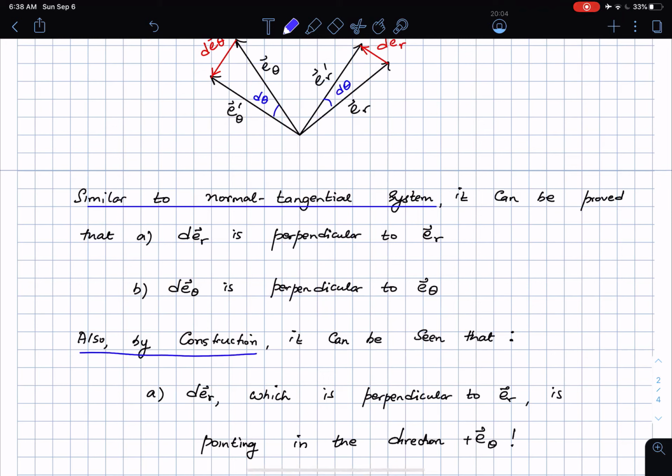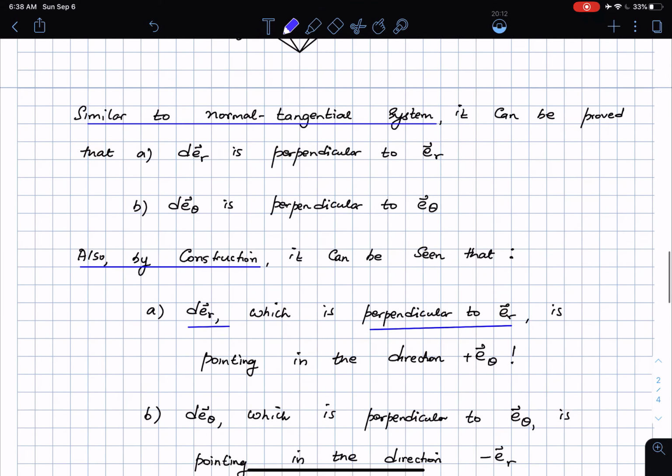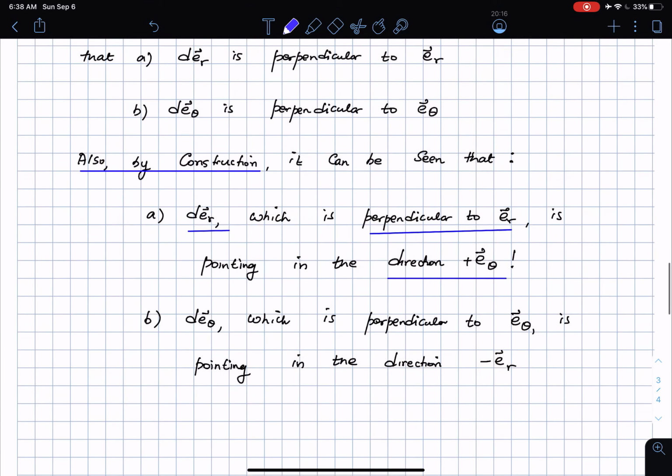So also by construction, we can find out that dER is perpendicular to ER and is pointing in the direction of positive E theta. Likewise dE theta, which is perpendicular to E theta, is pointing in the direction of negative ER.